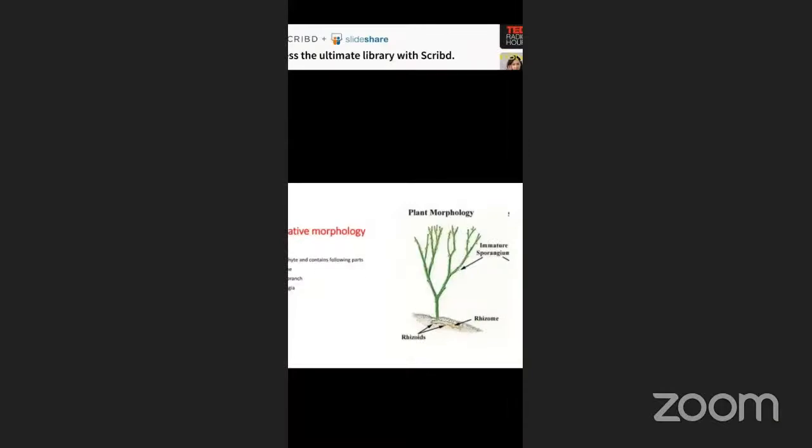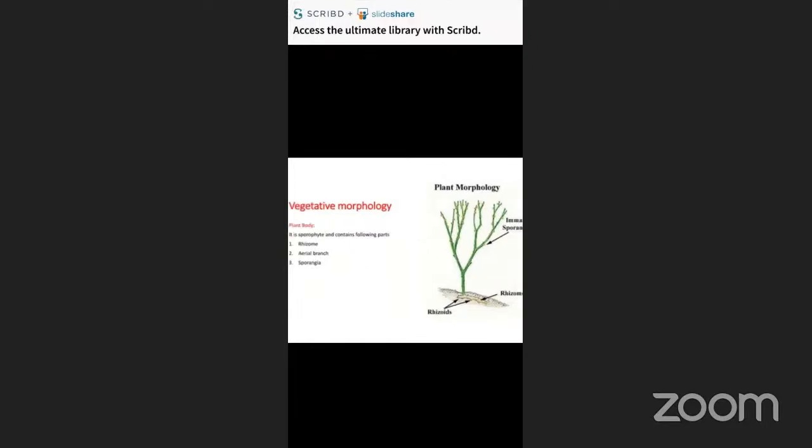The outer thin-walled parenchyma has endophytic mycorrhiza. Endophytic mycorrhiza means fungi in association with Psilotum to absorb the phosphorus element. So Psilotum gives shelter to the fungi, and both live in a symbiotic association.